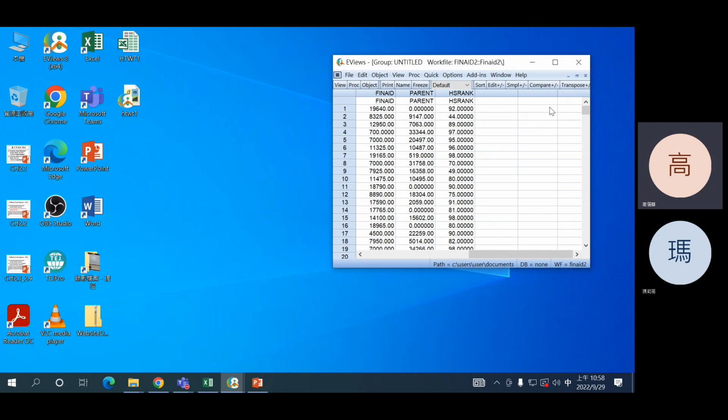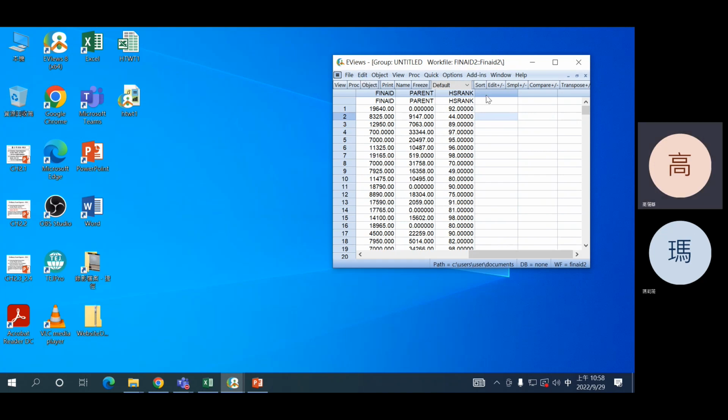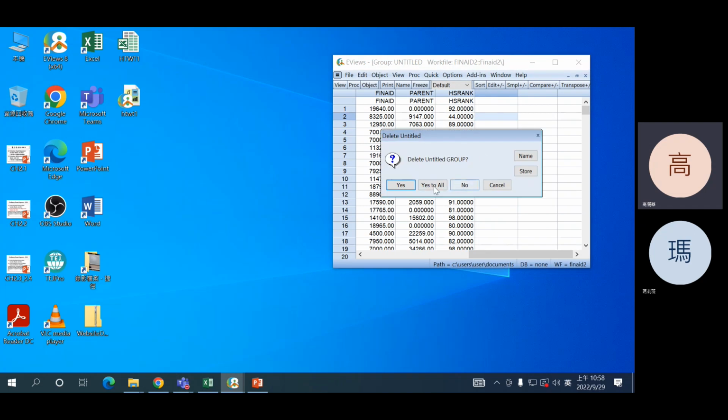Let me go back, let me see. Is this one? No, it's not this one. How do I get another variable? Just a second, okay? Let me see.